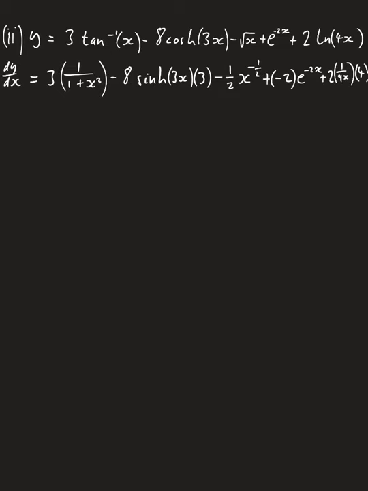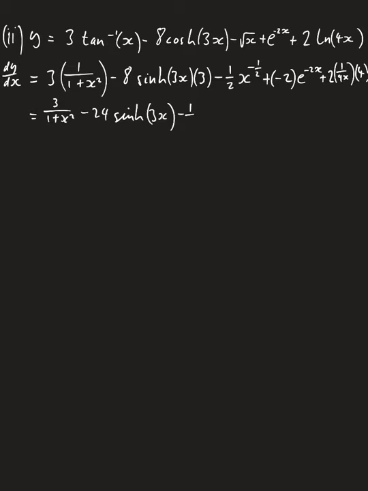So now I'll tidy up each of those terms. That first one becomes 3 over 1 plus x squared. Minus 8 times 3 is 24, minus 24 sinh of 3x. Minus a half. X to the power minus a half is 1 over the square root of x.